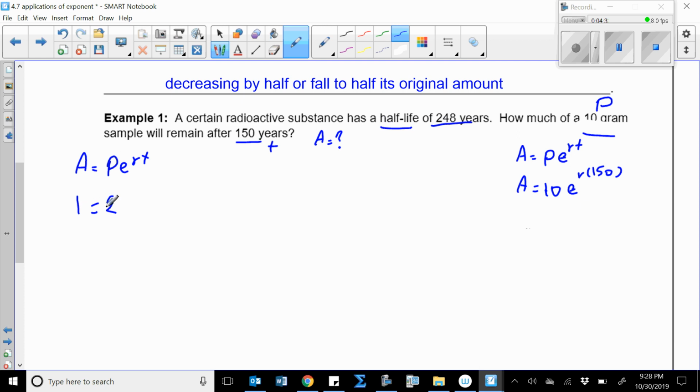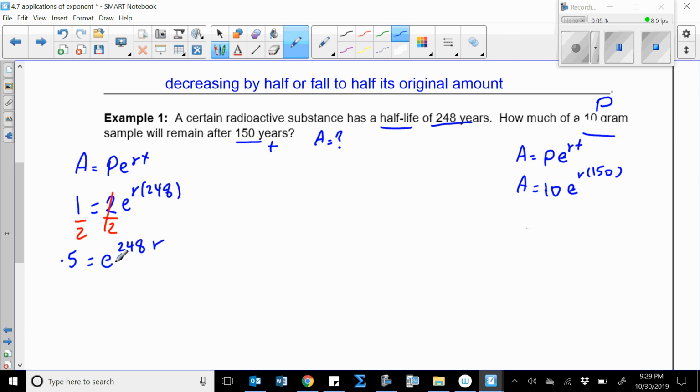So 1 is equal to 2 e to the power of r times t, where r is unknown and t here is 248 years, because that's the half-life of this substance. So now I'm going to start solving for r. The first thing I need to do here is divide by 2. So 0.5 is equal to e to the power of 248 times r. Now I need to solve for r because it is on the exponent of this exponential function.